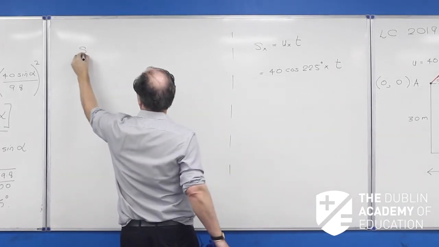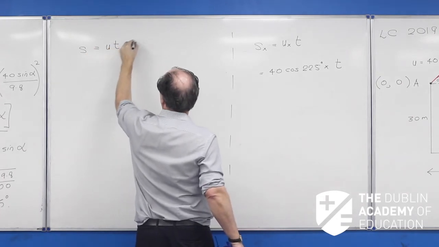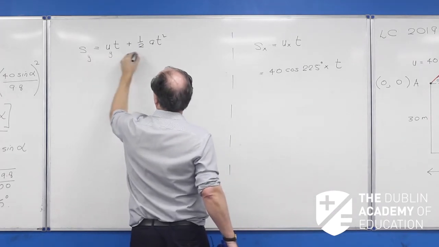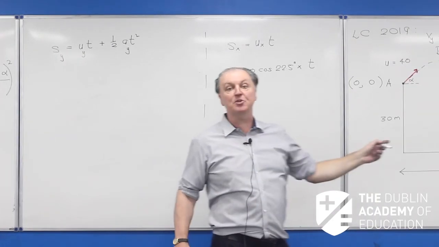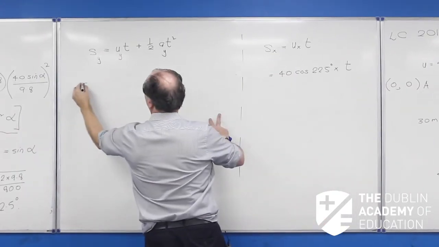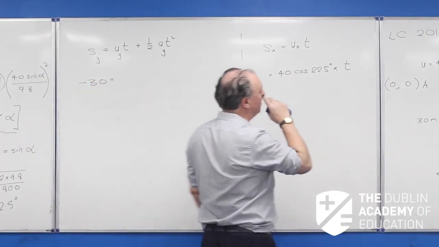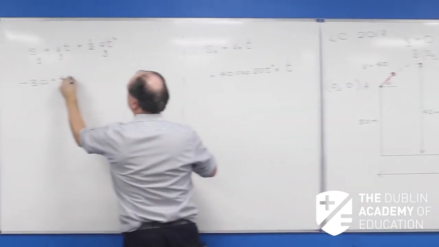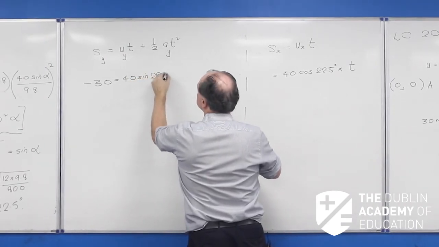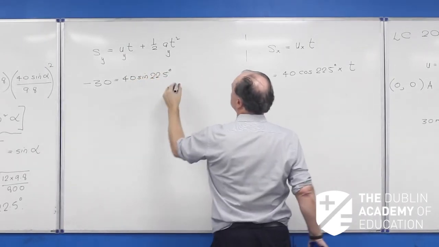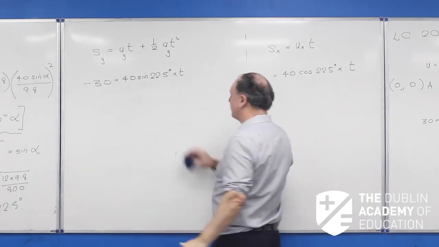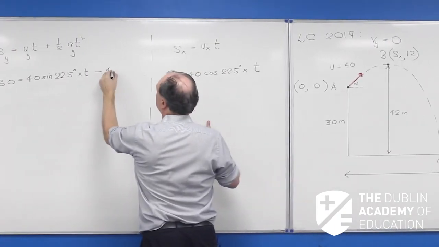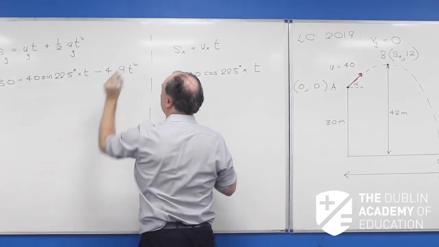So S equals ut plus a half at squared, all in the y direction. Sy is minus 30. Uy is 40 sine 22.5, by t, plus a half ay, which is minus 4.9, t squared.